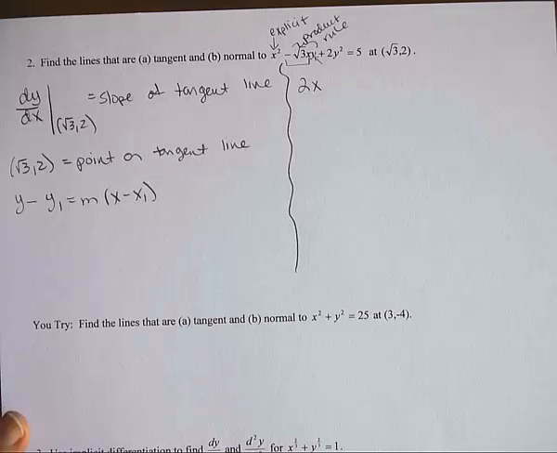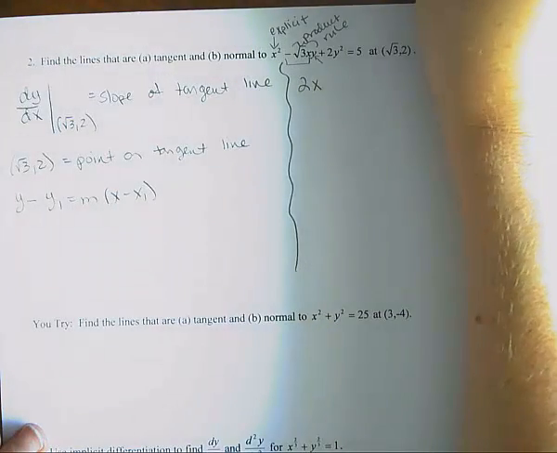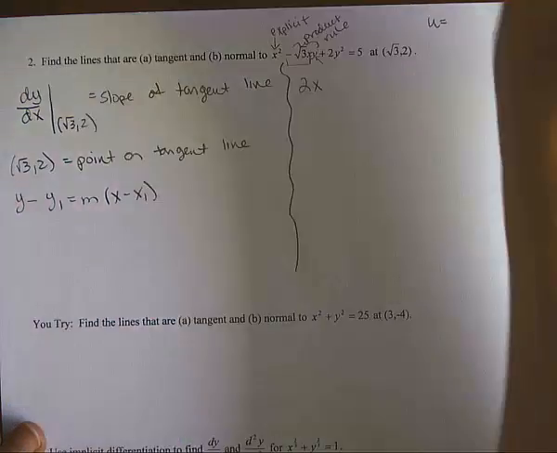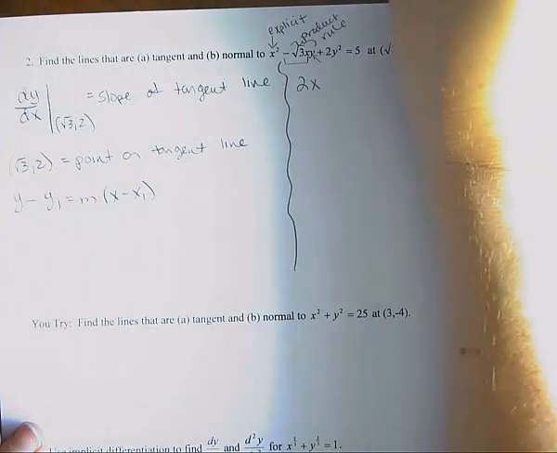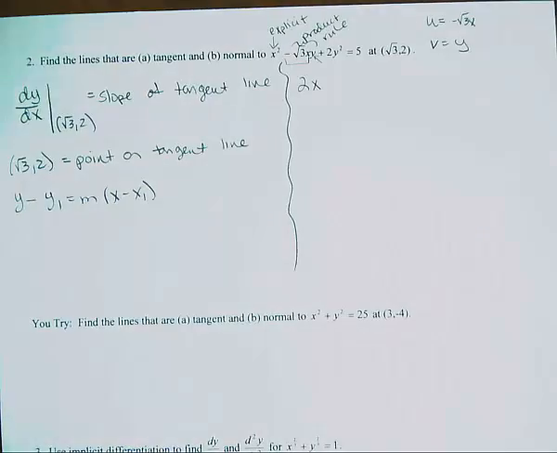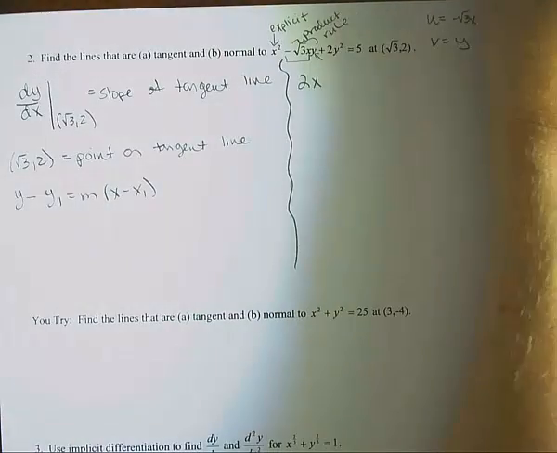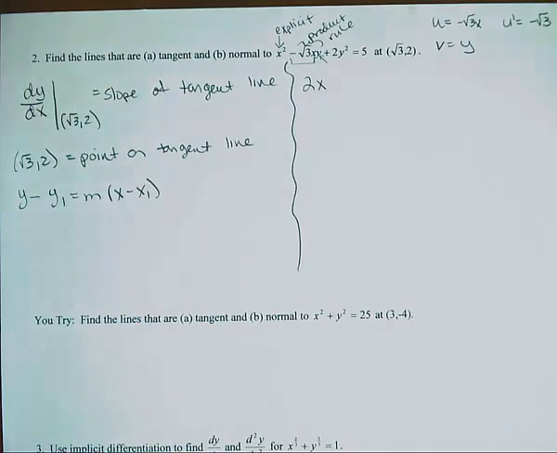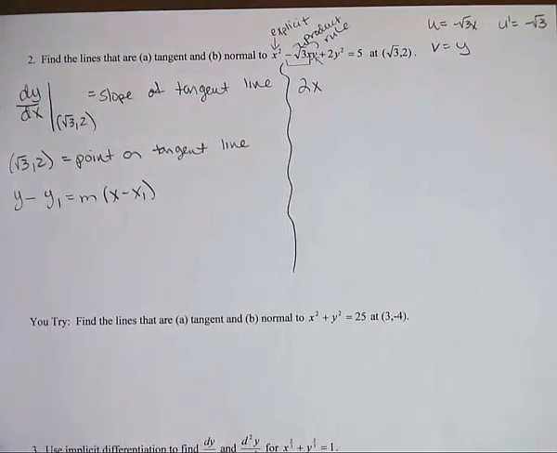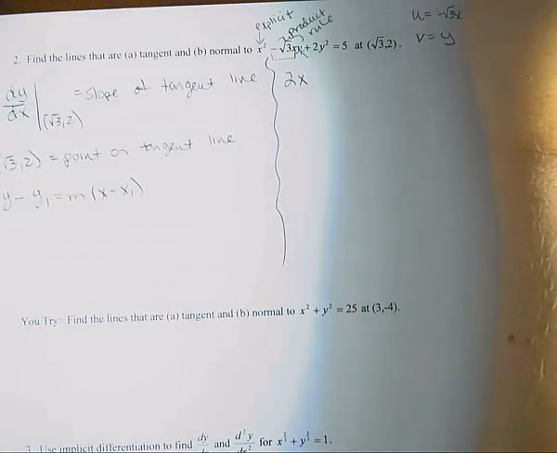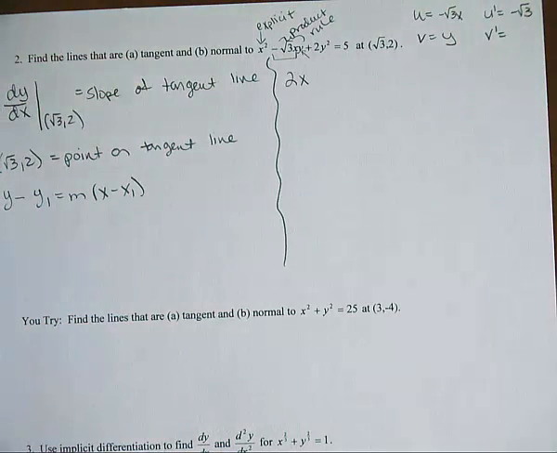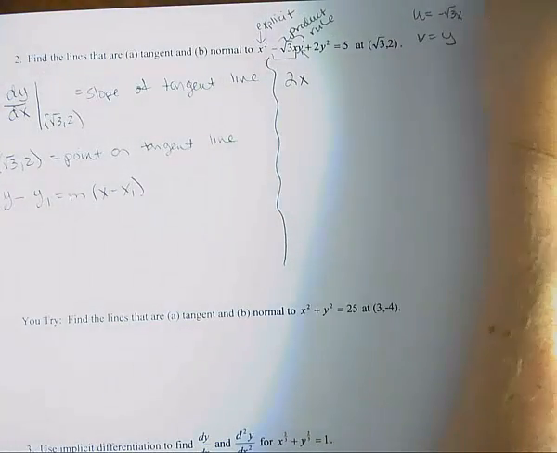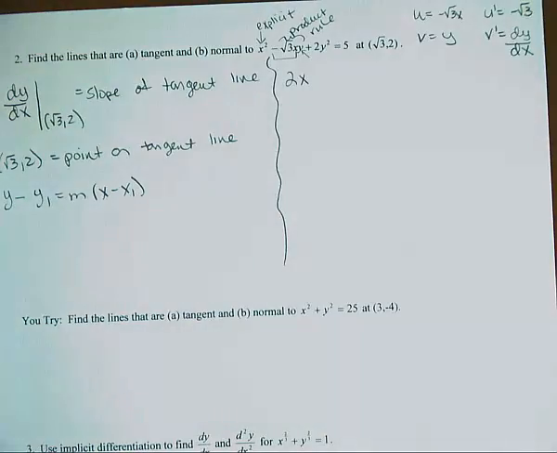So maybe I'll do that work up here. So u would be the negative rad 3x. v would just be y. u prime would just be the constant in front of x, which is negative rad 3. And then v prime, again, since I don't know what y is, and I'm trying to take the derivative of y with respect to x, I'll just call it the derivative of y with respect to x.